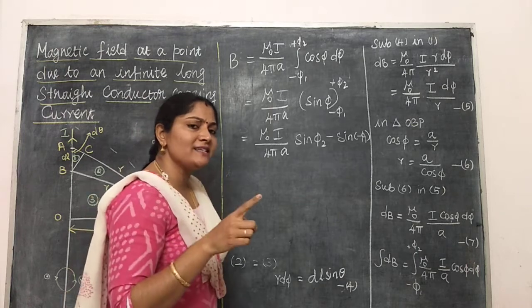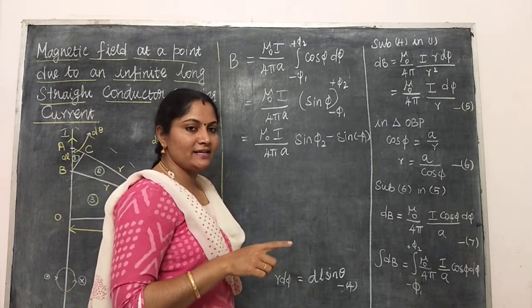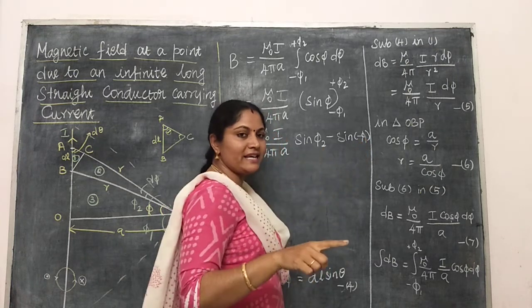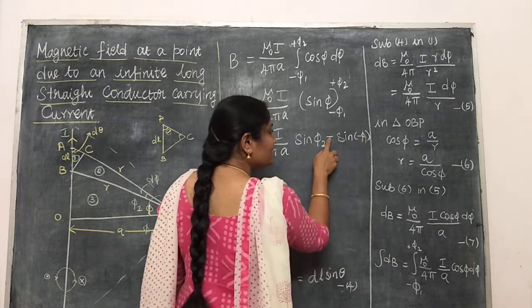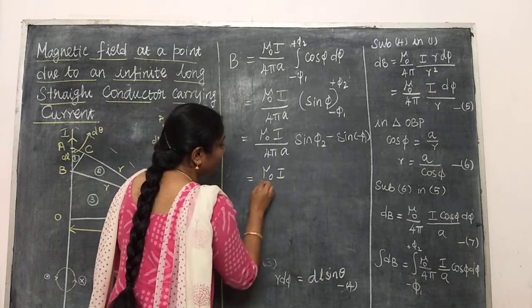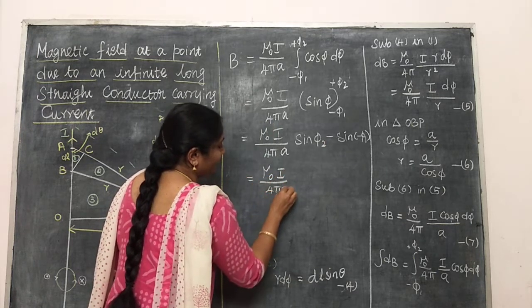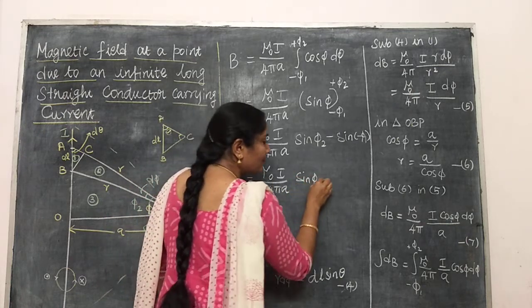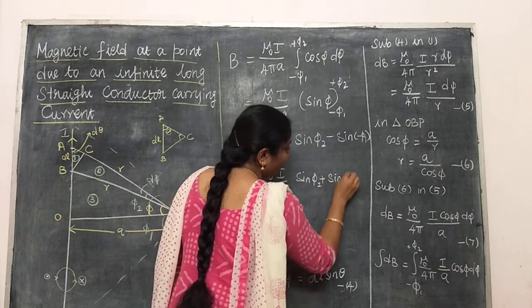Sin of minus theta is equal to minus sin theta is the formula. So sin of minus phi 1 will give minus sin phi 1. Minus into minus becomes plus here. So we'll get mu naught I by 4 pi a, sin phi 2 plus sin phi 1.